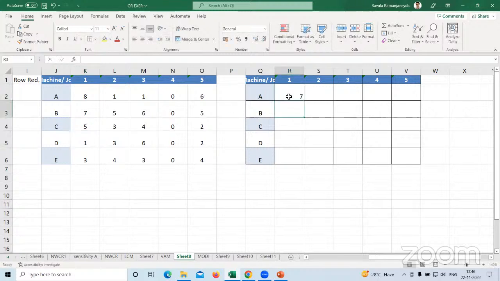7. Then that's 6. 0. Here also 1 is the least, so 0. 4.